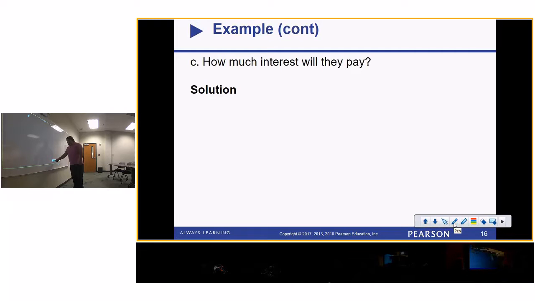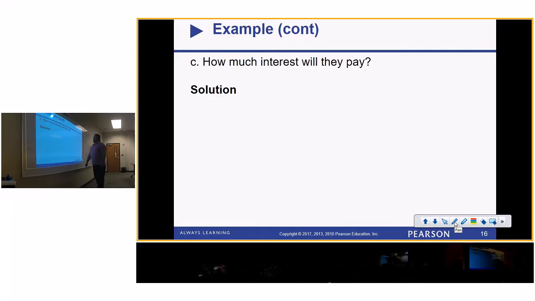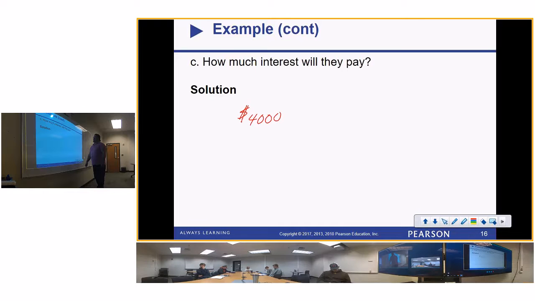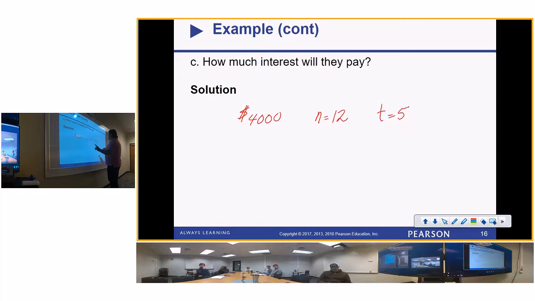Let's say that you have a credit card and you've got a balance of $4,000 on that credit card, and you're going to pay monthly payments and pay it off in the next 5 years, and that credit card is at 21%.